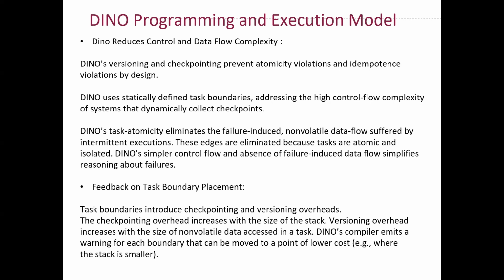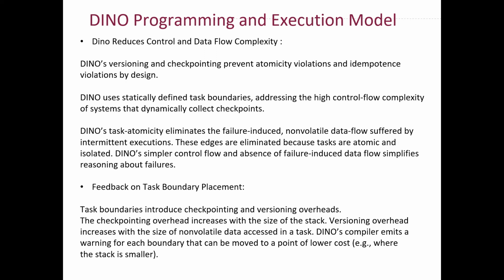And task boundaries are definitely lesser than the number of lines which you have in your code. So in that sense, Dino's task atomicity eliminates the failure-induced non-volatile data flow suffered by intermittent executions. And these edges are eliminated because tasks are atomic and isolated. So Dino's simpler control flow and absence of failure-induced data flow simplifies reasoning about failures.